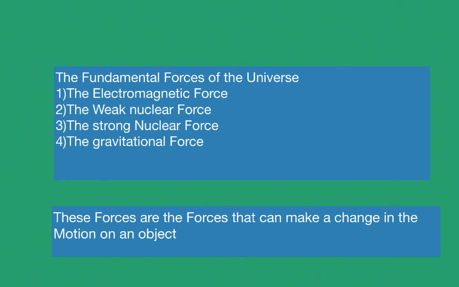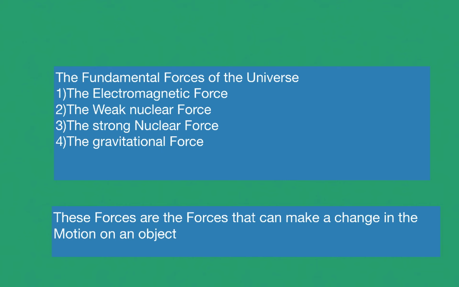For the moment, we have a theory that unifies the electromagnetic force, the weak nuclear force, and the strong nuclear force. But in physics, we still don't have the theory of everything that some people expect to unify the gravitational force with all the other forces of the universe.